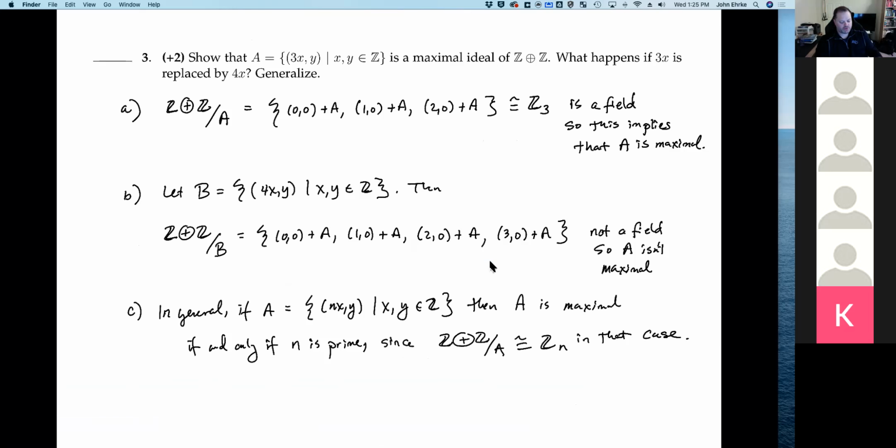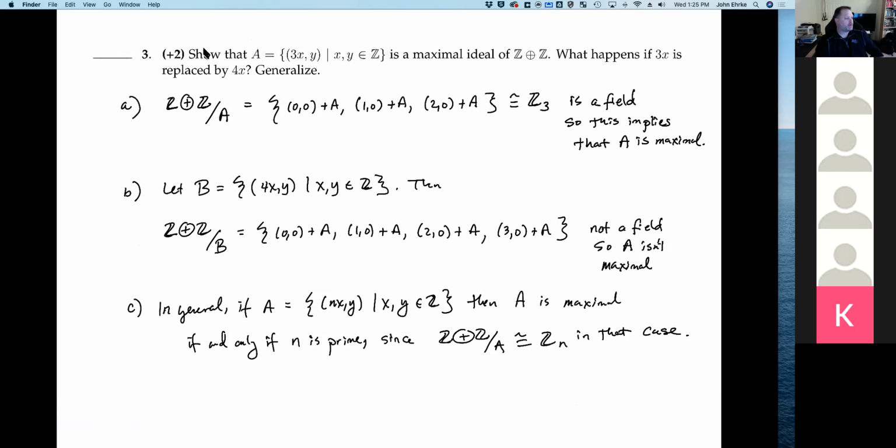All right, on to number 3. I want to show that this thing is a maximal ideal. What happens if 3x is replaced by 4x? Then generalize. So the set Z cross Z mod A consists of (0,0), (1,0), (2,0). And the reason that it consists of those 3 things is because you're looking at multiples of 3 in this first slot.